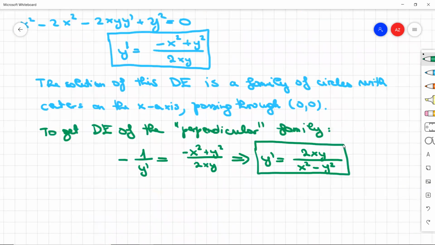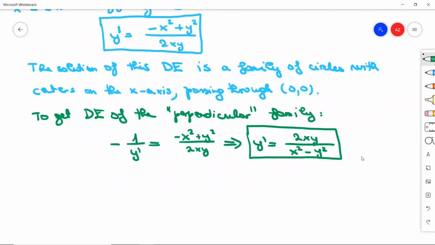Okay, I think it's correct. So we get this equation y prime is equal to 2xy over x squared minus y squared.